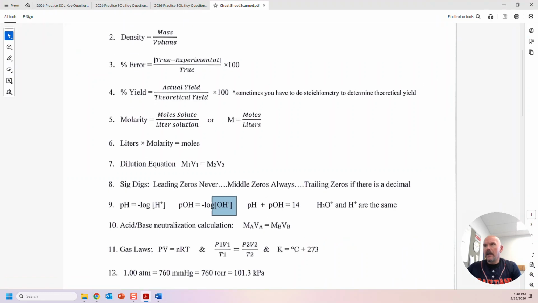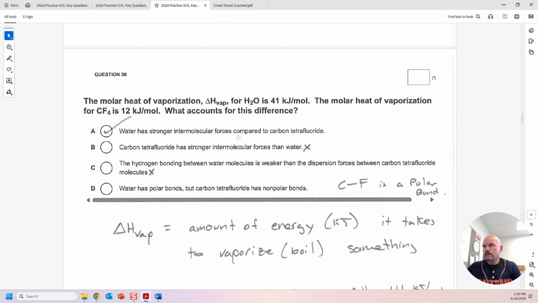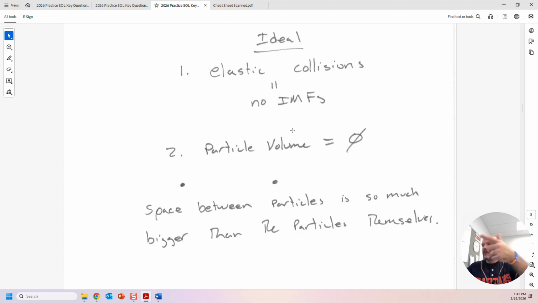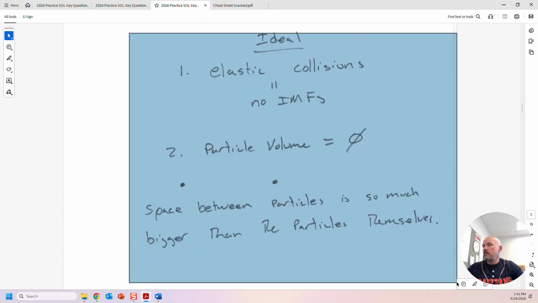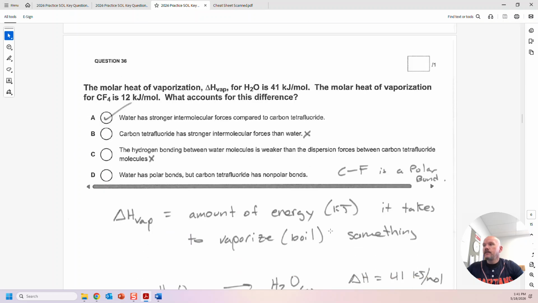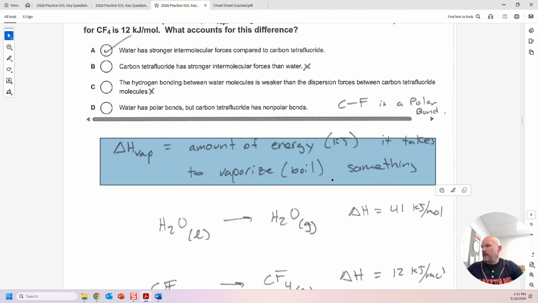So let's go back to my key and see if we have any notes for this one. If you have access to my notes in Schoology, and I don't say everything on here, you might want to pull it up. This is the stuff I was just talking about for ideal conditions. Molar heat of vaporization is the amount of energy.